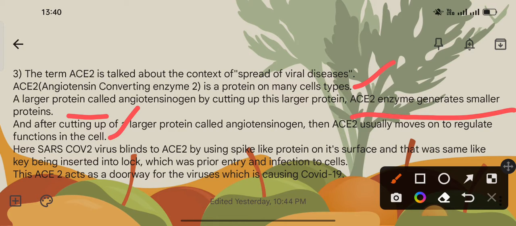The SARS-CoV-2 virus binds to ACE2 using a spike-like protein on its surface, like a key inserted into a lock, which precedes entry and infection of cells. ACE2 acts as a doorway for the virus which causes COVID-19.